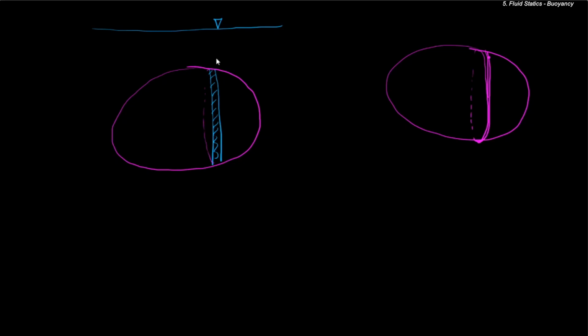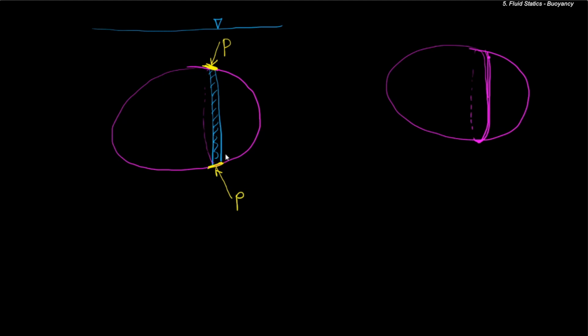So now if we consider the surface shown over here and over here, we want to know what is the net upward force acting on this. The shape of the interface between the solid and the fluid determines the direction of the force because of the pressure.